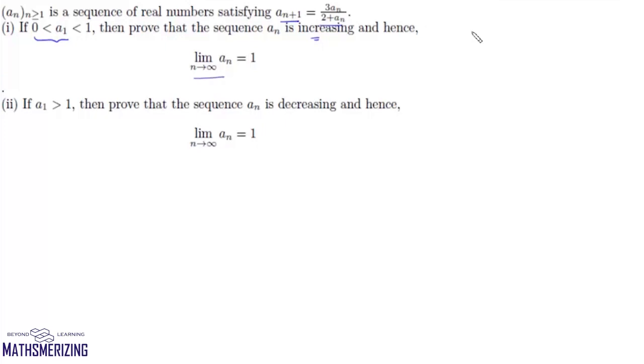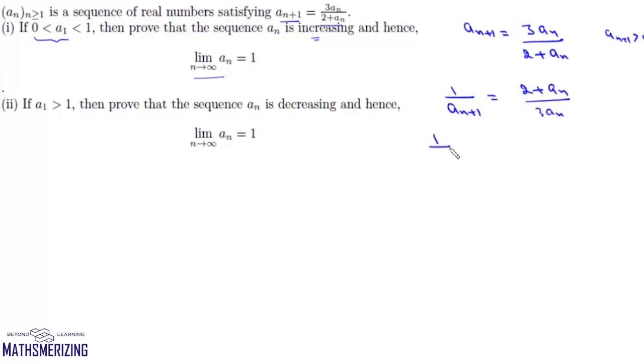Now what we are given is that a(n+1) is equal to 3a(n) upon 2 plus a(n). Since a1 is greater than 0, we can say that any a(n+1) will be greater than 0. Now we can rearrange this as 1 upon a(n+1) equals 2 plus a(n) upon 3a(n), and we can also write this as 1 upon a(n+1) equals 1 upon 3 plus 2 upon 3a(n).